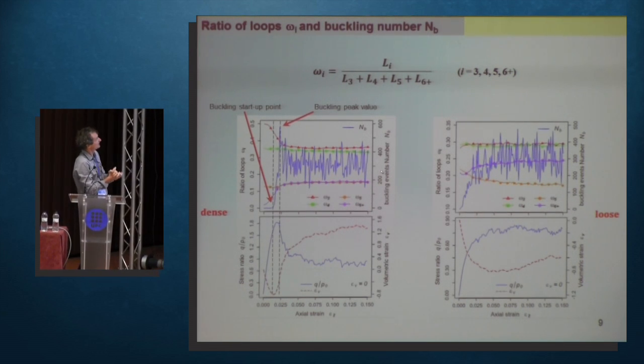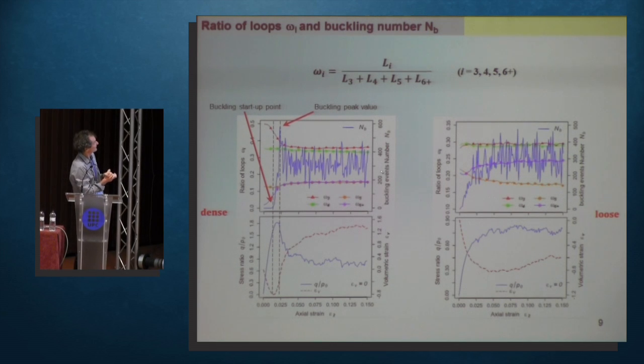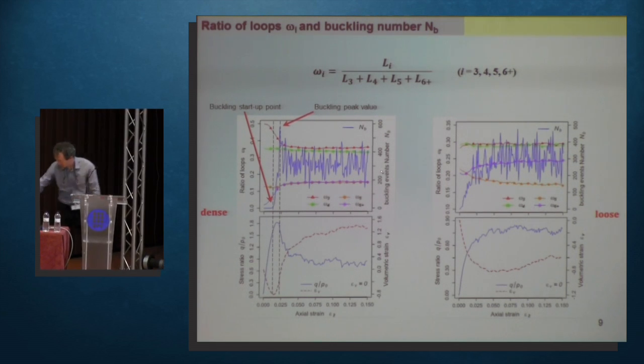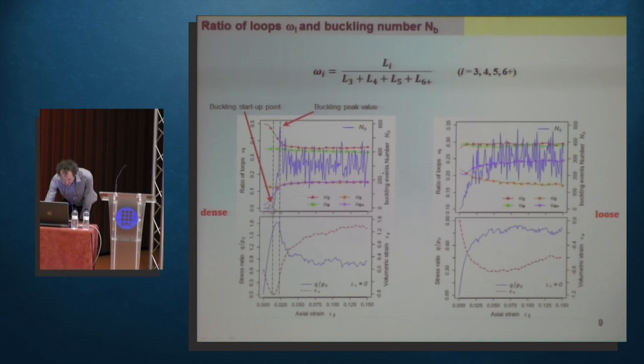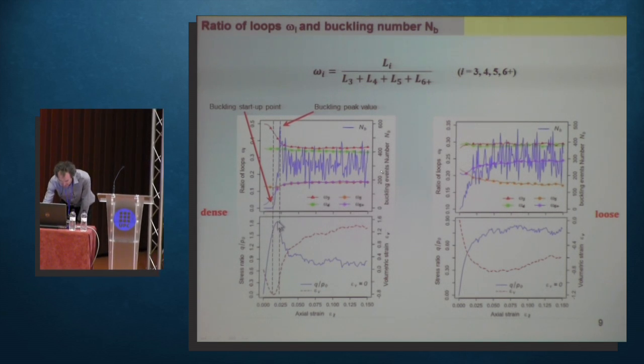More interesting is that you can observe that the 4-chain buckling is increasing just a little before the stress peak. And also you can observe that the maximum slope in both omega 3 and omega 6 coincide with the minimum of the volumetric strain.